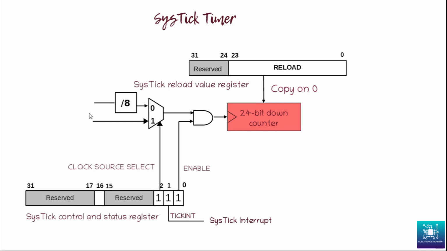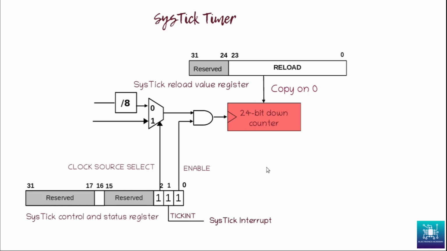So the 84 megahertz clock that we are feeding in becomes 84 divided by 8. So the Systick timer is seeing a much slower clock, and in that case, we can have the timer count bigger times. For example, you can configure the timer now for 1 second and so on.